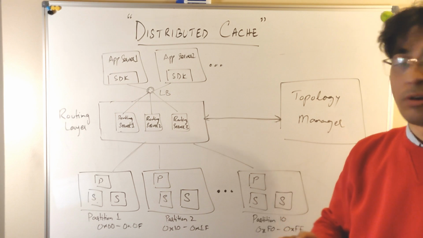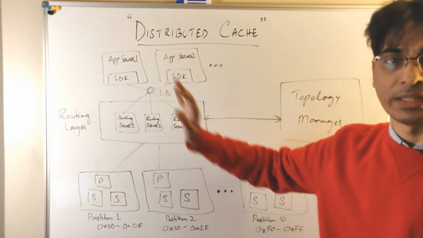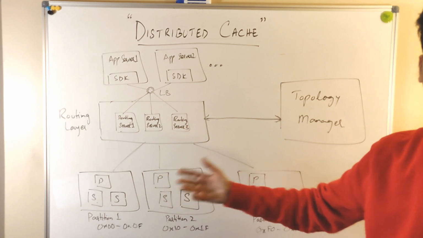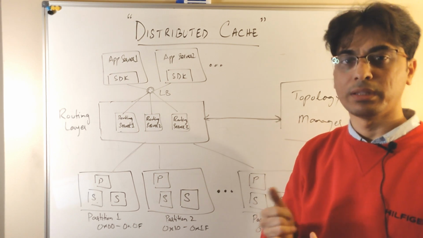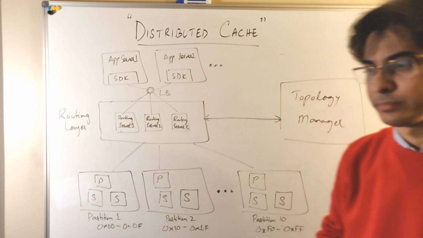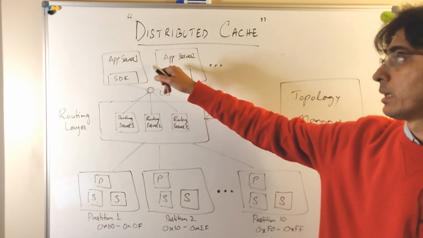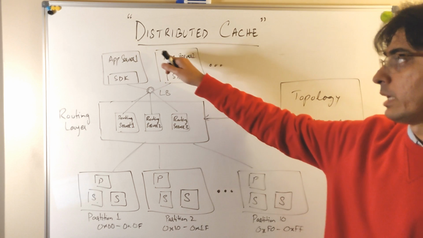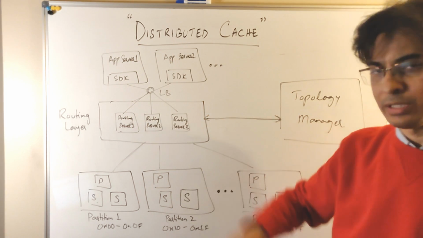Now the application servers only talk to this routing layer through the load balancer, and then these routing servers know which partition to talk to based on the topology whenever an insert or read or delete command comes from the client. So when a client or application server calls the insert API, the insert call will come to one of the routing servers.